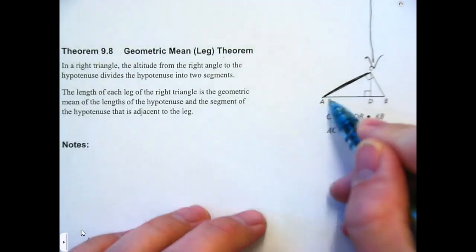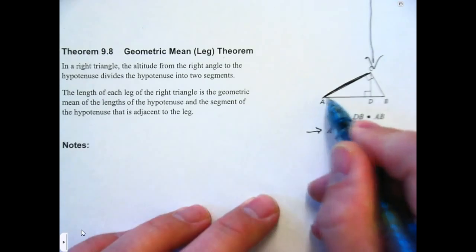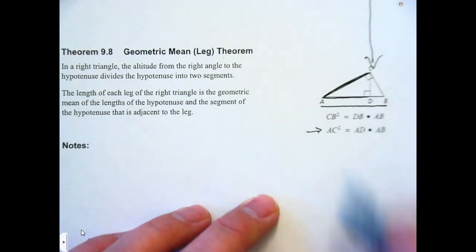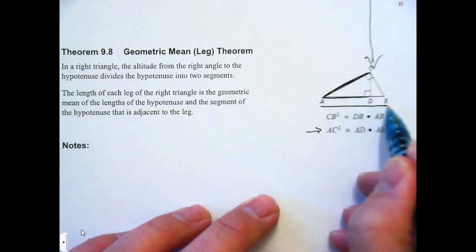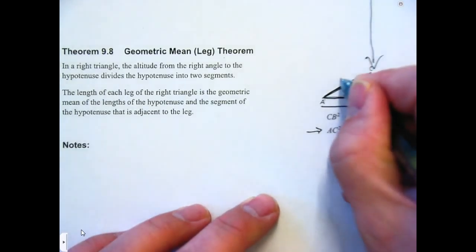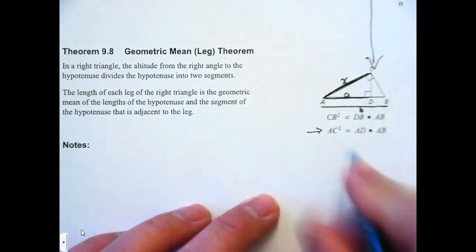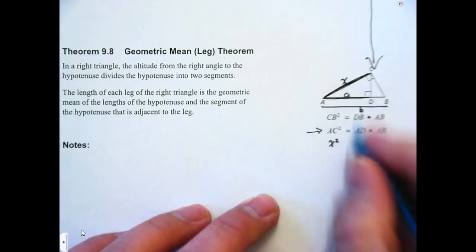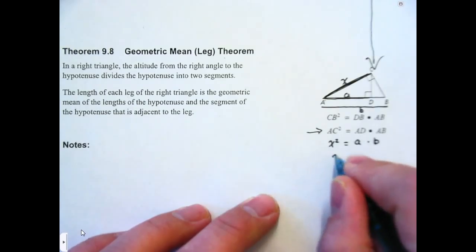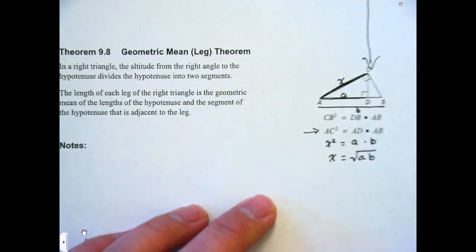If I want to find AC, which is this bottom one, I am finding the geometric mean of AD times AB. So this length times that length. Okay, so remember, if I was to call this X, and this A, and this length B, we could say that X squared is equal to A times B, which means X is equal to the square root of AB, which once again is your geometric mean.